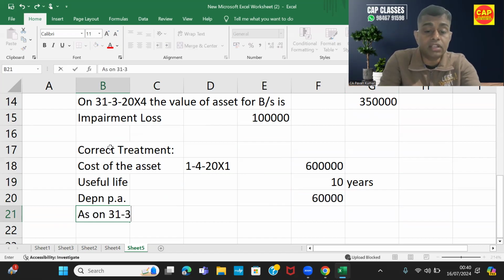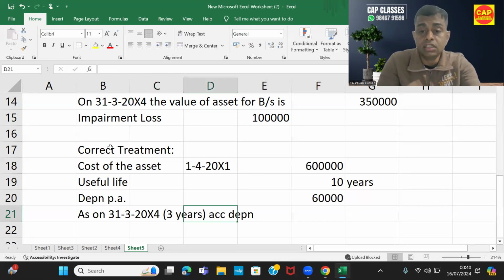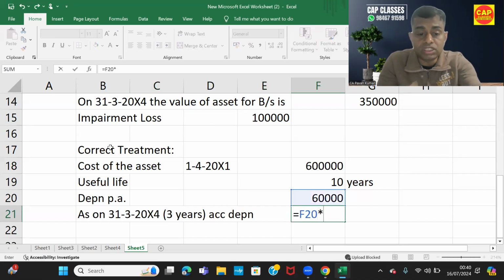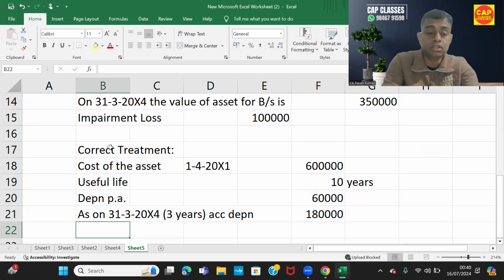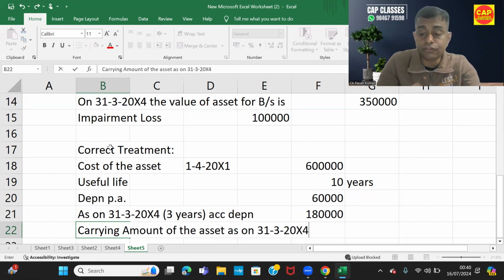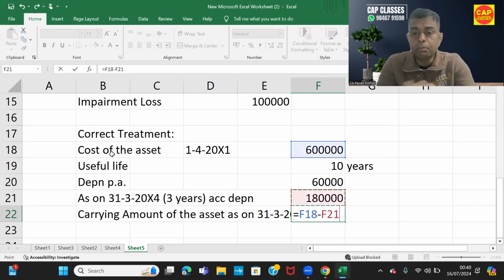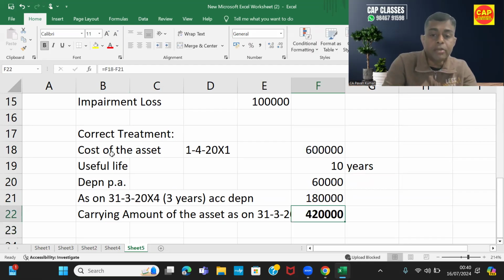As on 31/3/20X4, 3 years. Accumulated depreciation is 60,000 into 3 years, 1,80,000. Therefore, carrying amount of the asset as on 31/3/20X4 should be this minus this. It should be 4,20,000 in your balance sheet.